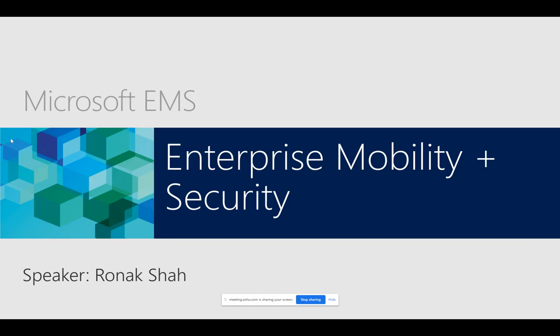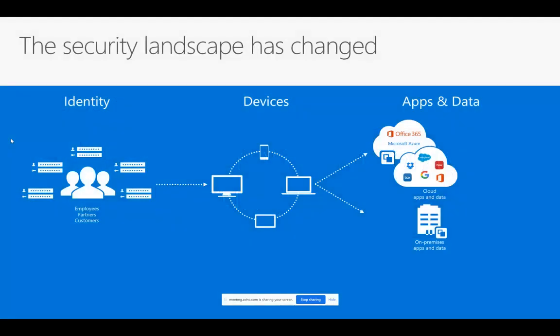Before we talk about what enterprise mobility and security is all about, we need to understand that today the security landscape of any IT environment has been broadly divided into three verticals. One is identity. When I say identity, I am talking about the users, the objects who are going to access the resources of my organization.